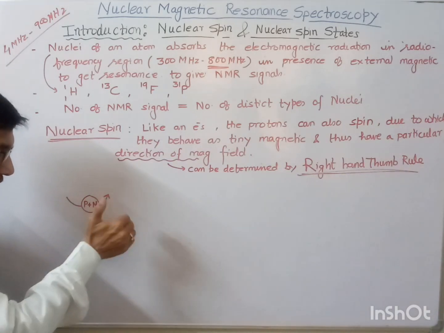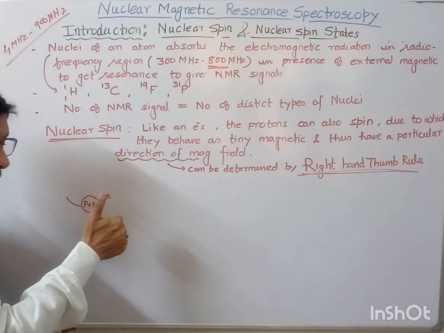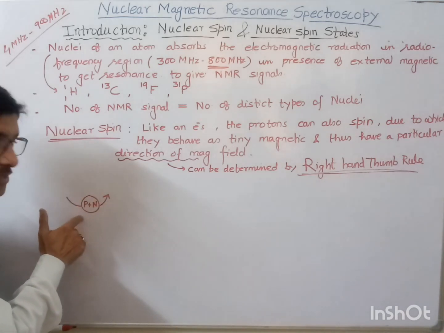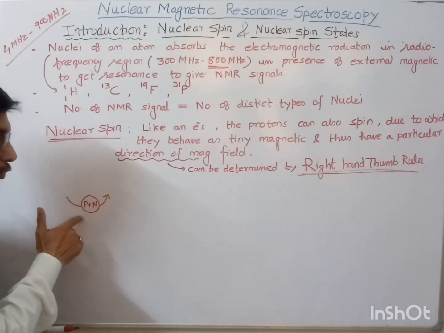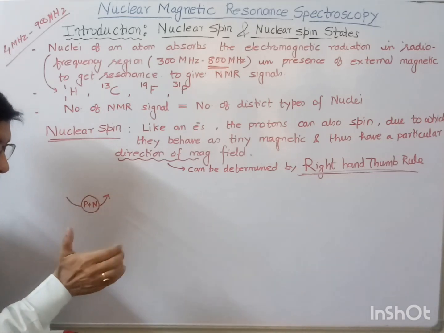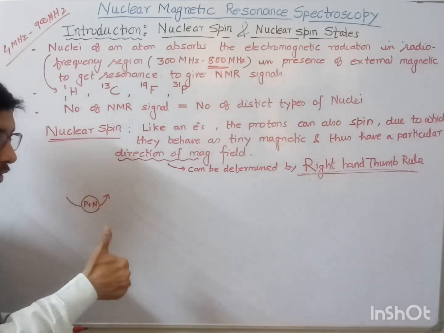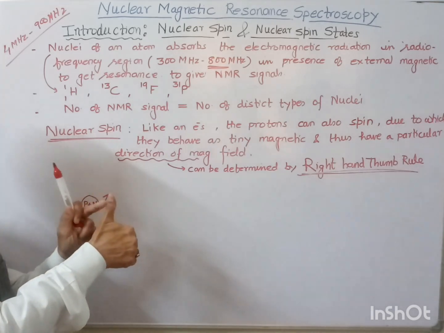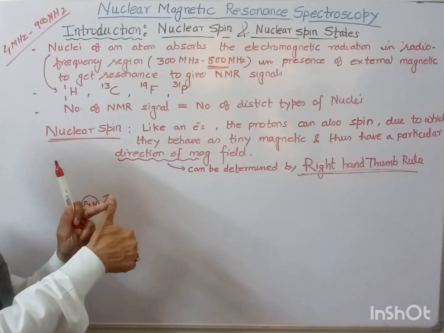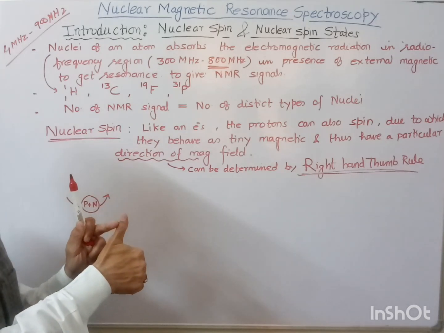If this is the direction of rotation of my palm, then the direction of the thumb will give you the direction of the magnetic field.